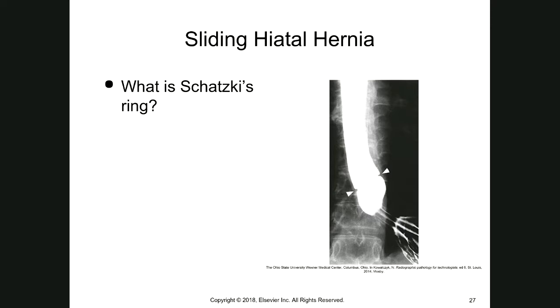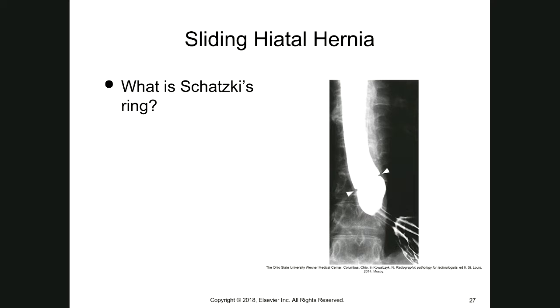But what happens is sometimes the top portion of the stomach can actually slide through that diaphragmatic opening. A lot of times it's present at birth, but it doesn't usually cause issues until the patient is a young adult.